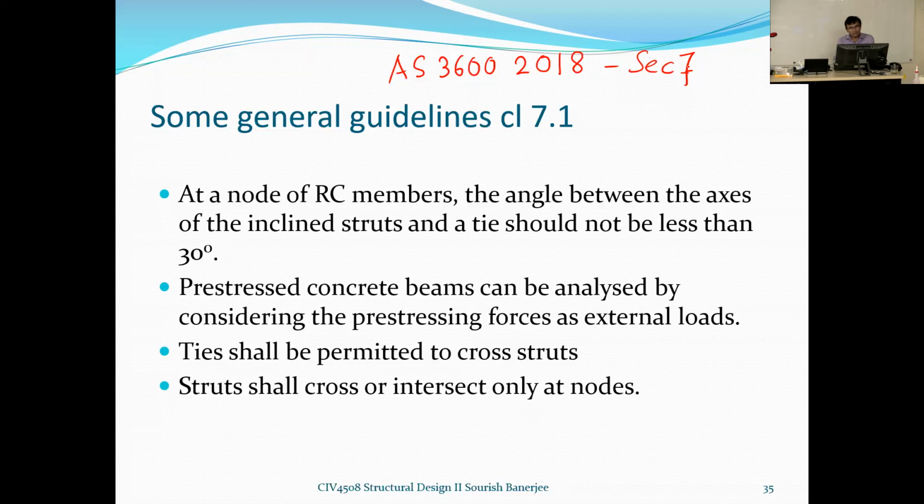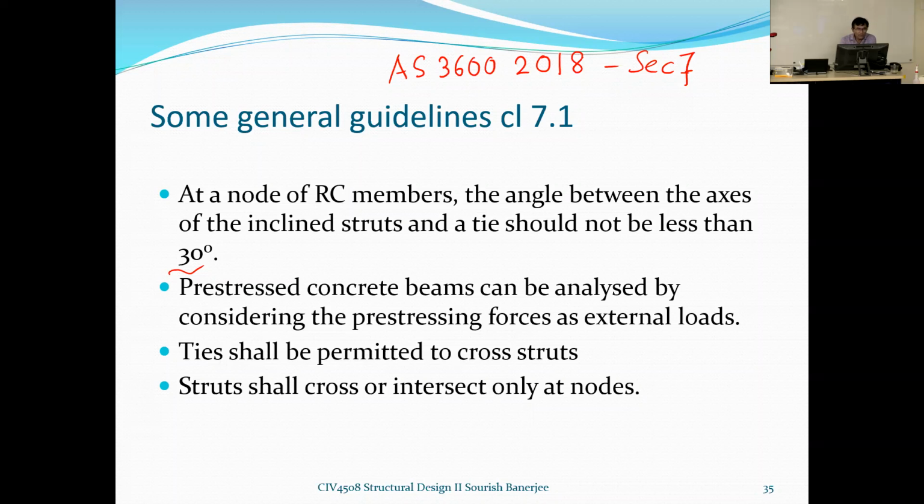Now at a node of RC members, the angle between the axis of the inclined struts and the tie should not be less than 30 degrees. Remember, we are talking about 45 degrees. Now here they have reduced this to 30 degrees, but still, you know, people many times prefer 40 degrees or higher because that is a much better approach. But yes, what the standard is saying, if you provide up to 30 degrees, it will be acceptable.